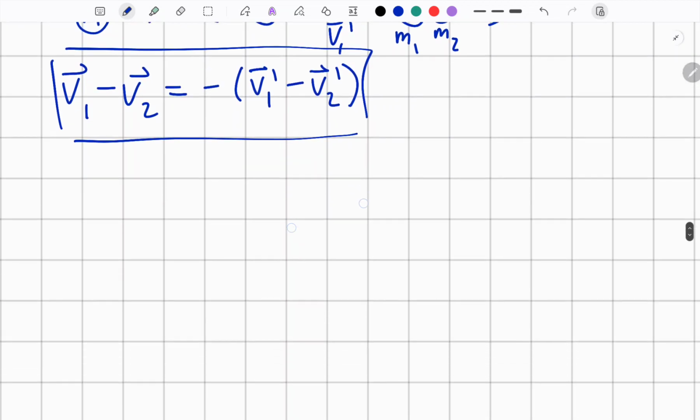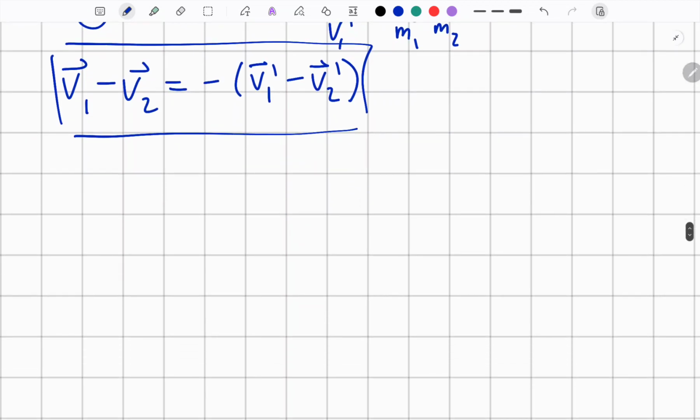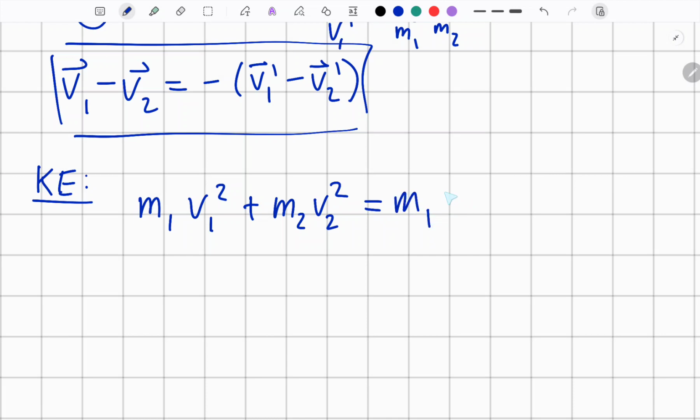Now, the approach that we're going to take is similar to if you watch the solution for 4.46, or you've worked through that question, the one right before this, using kinetic energy. We know that's going to be conserved. So we're going to have M1 V1 squared plus M2 V2 squared equals M1 V1 prime squared plus M2 V2 prime squared.